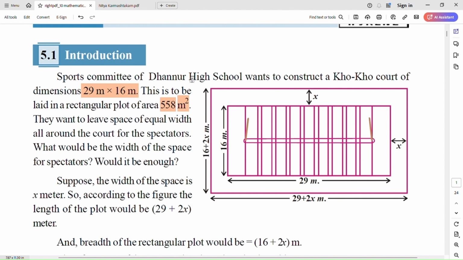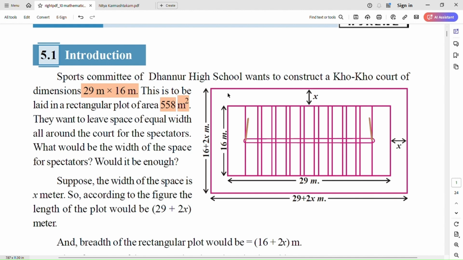You have a sports committee of a high school that wants to construct a kho-kho court. The kho-kho court dimensions you might know already, some of you who are playing kho-kho: 29 meters length and 16 meters width. We want to build this court in an area of 558 meters square. This whole area is 558.